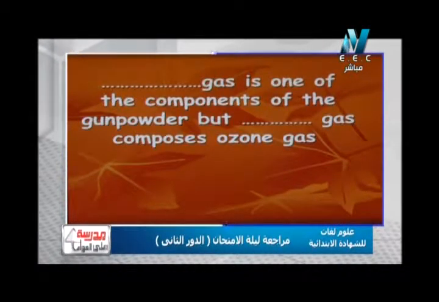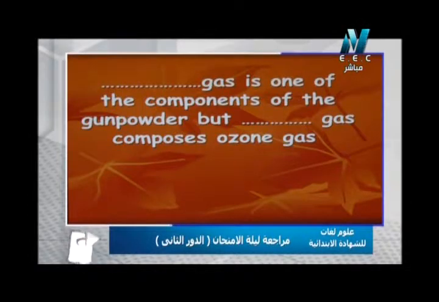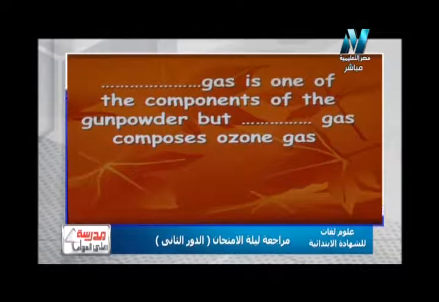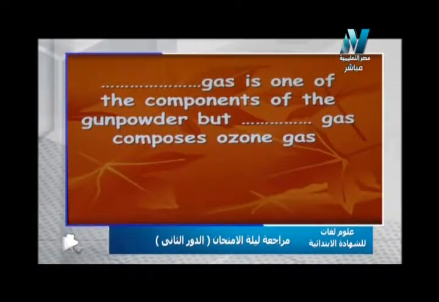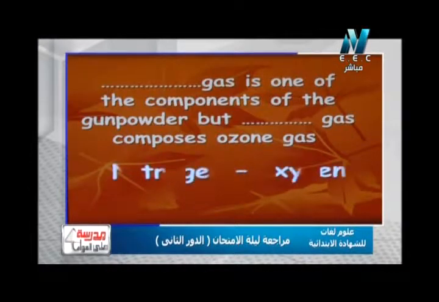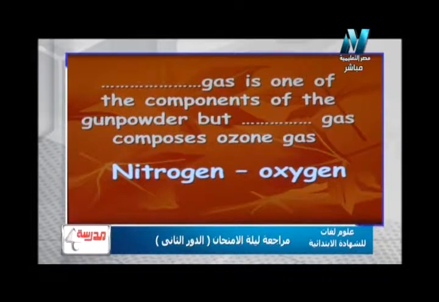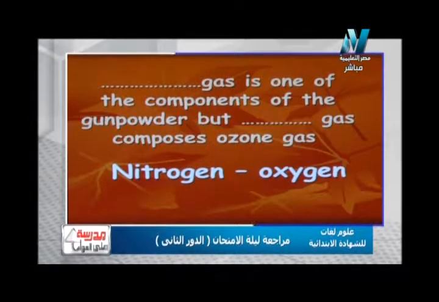Point gas is one of the components of gunpowder, but point gas composes ozone gas. Surely nitrogen gas is one of the components of the gunpowder, because nitrogen gas is an inactive gas.